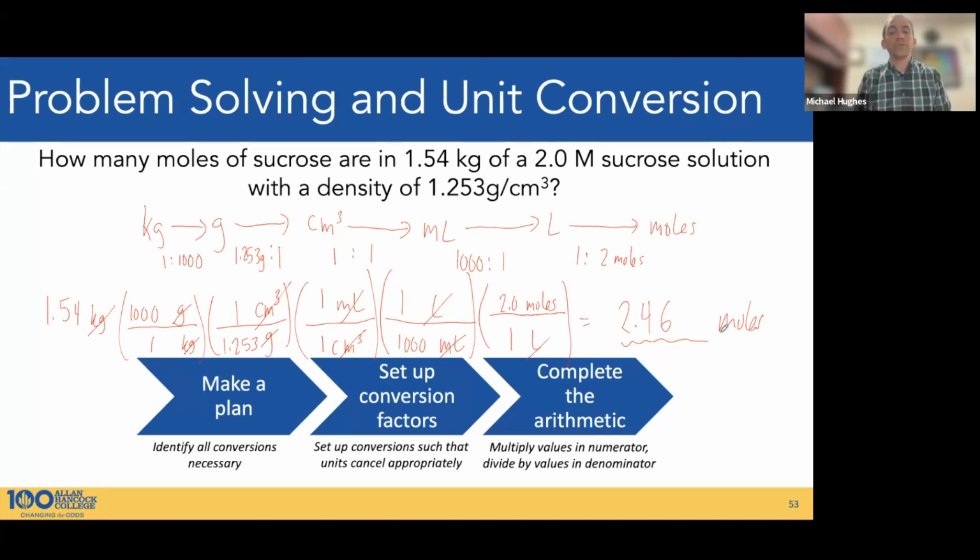When those massive changes are happening, what pass-through conversion factor should we be calling upon? And how do we need to scale what we're bringing in or taking out of those pass-through conversion factors, such as 1,000 grams in a kilogram or 1,000 mils in a liter? How do we need to scale those so we can pass them through the conversion factor to get some new dimension in our metric? So that's the idea.